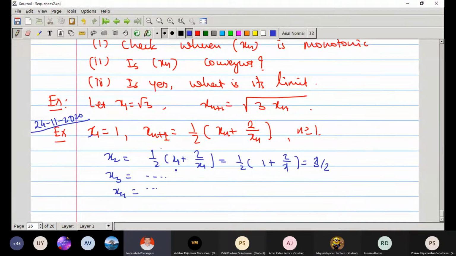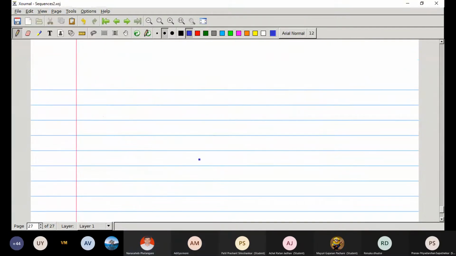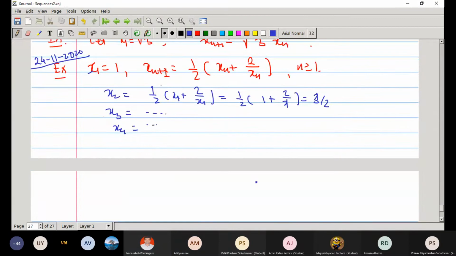Now, what is x3? 1 by 2 into 3 by 2 plus 2 by 3 by 2. Right, so 3 by 2 plus 4 by 3, right?